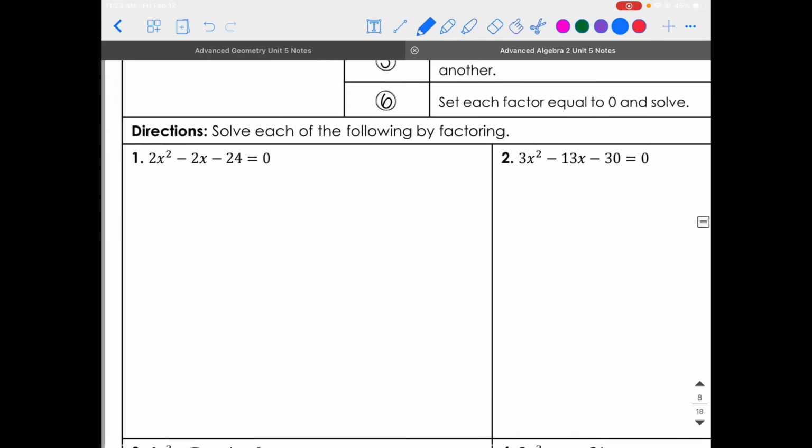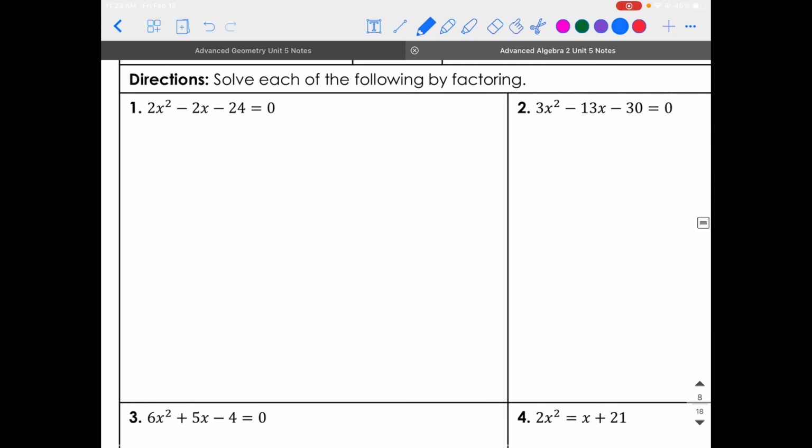So if you remember at the beginning of the video, I said look for a GCF. And number 1 actually has a GCF. Notice I could factor out a 2, leaving me with x squared minus 1x minus 12 equals 0. And now what's left in my parentheses, that's one of the easy methods that we just did. So we don't even have to follow those steps right above us.